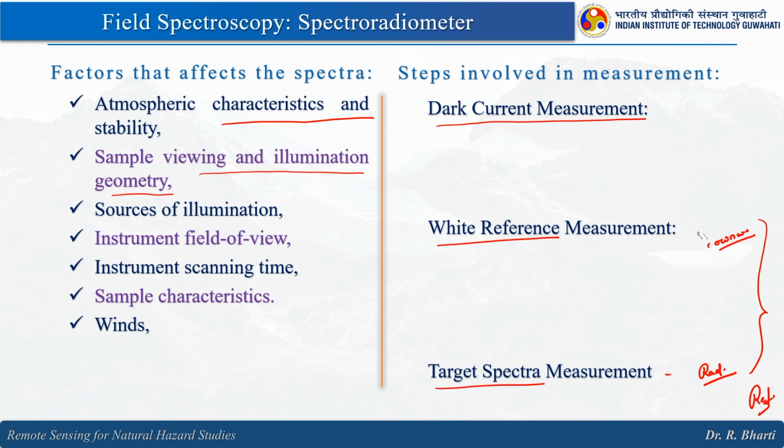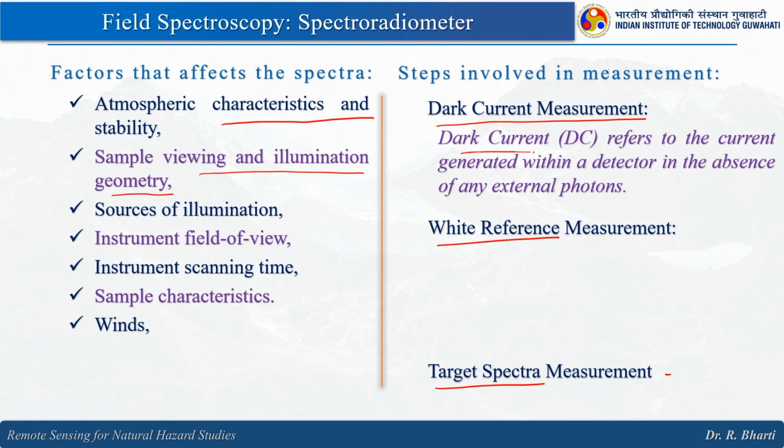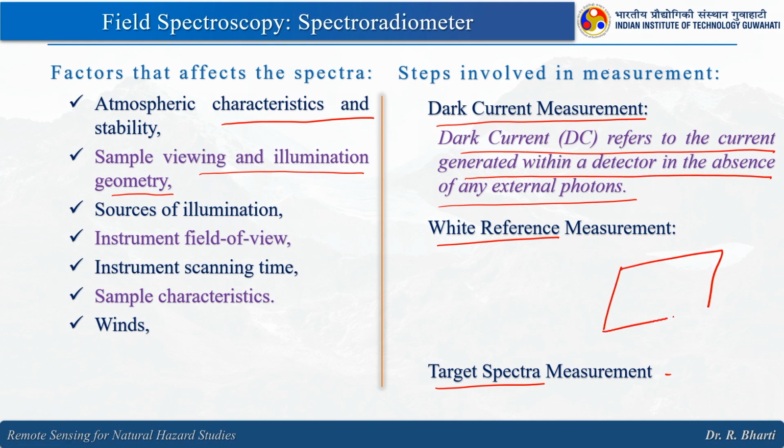But what is this dark current? This dark current is something related to the instrument. Dark current refers to the current generated within a detector in the absence of any external photons. Suppose this is the spectroradiometer, and this is the slit where the fiber optic cable is connected, which has a field of view of 25 degrees and is looking at the ground.